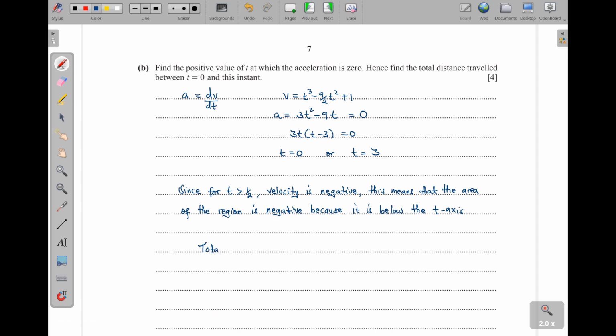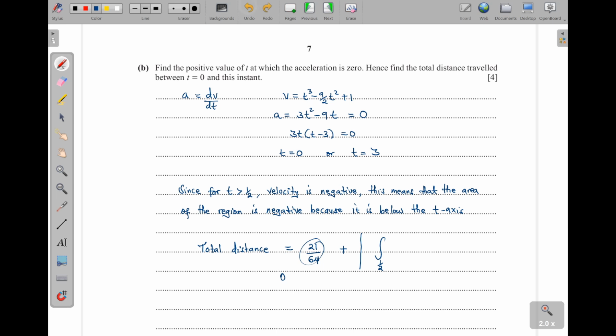So we shall say total distance is equal to, the first one was 21 over 64, then plus, now I'll put modulus signs. We are integrating from now a half, because remember the first one was from 0 to a half.